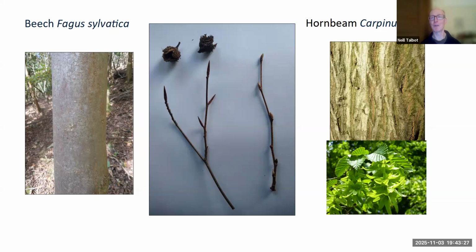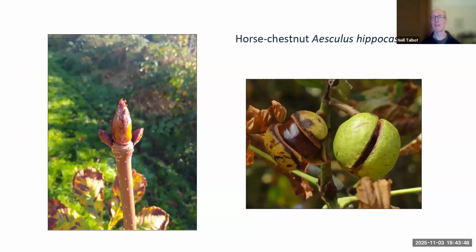On the hornbeam, they're a similar shape, not quite as pointed, but they're more pressed onto the twig, so they don't stick out to the same extent. And as I said, generally most things about the hornbeam will be smaller. You can get quite mature trees, but not to the size of a beech.